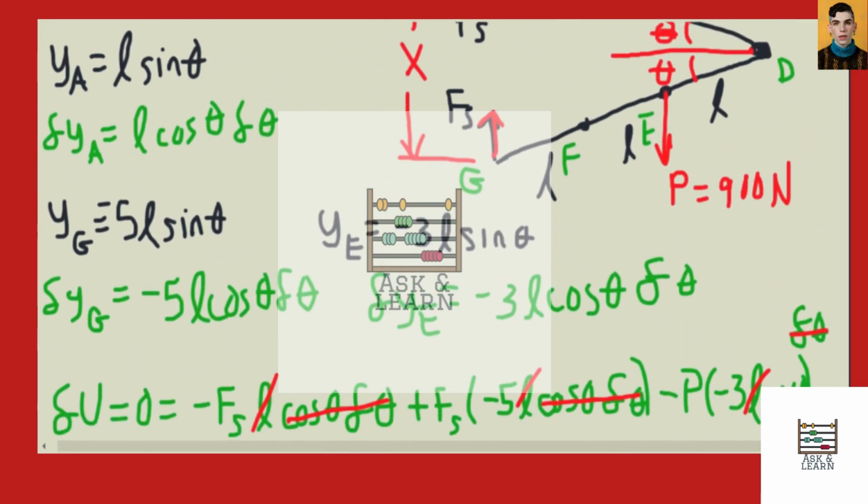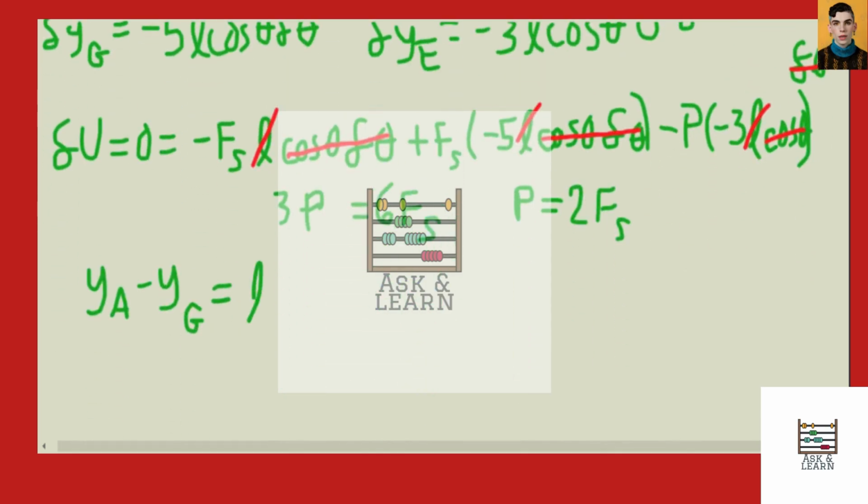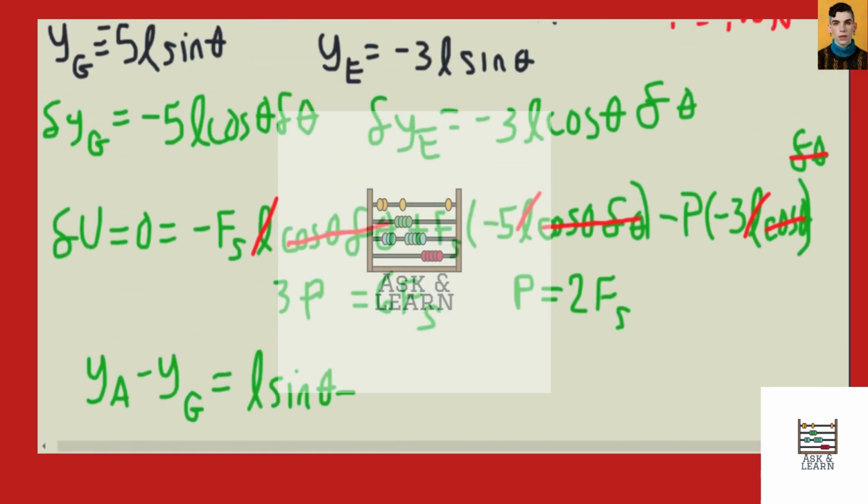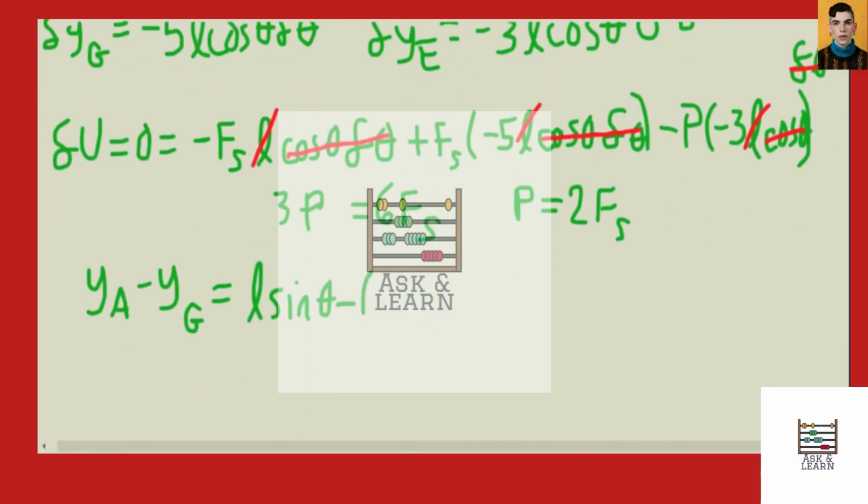So Y sub A is L sine theta. Y sub G is negative 5L sine theta. So Y sub A minus Y sub G is going to be 6L sine theta.